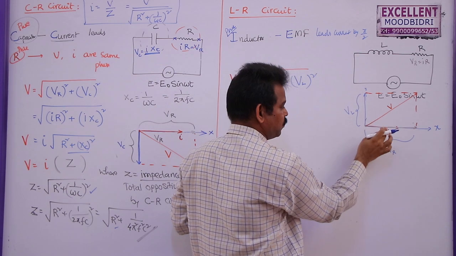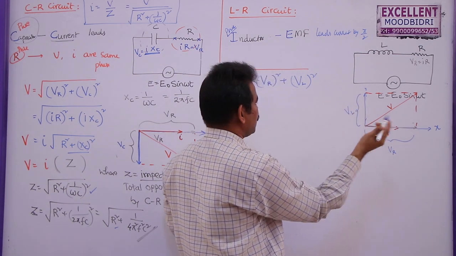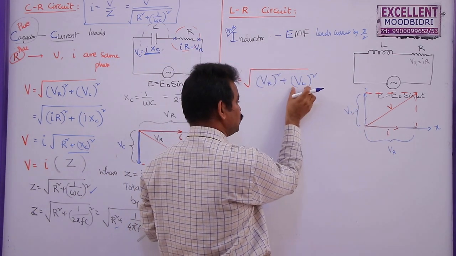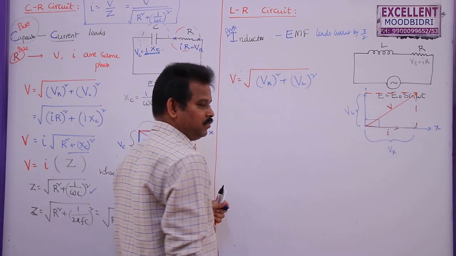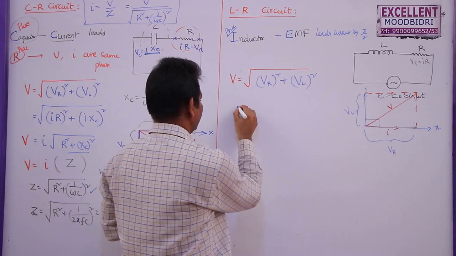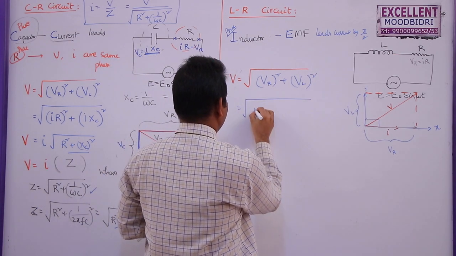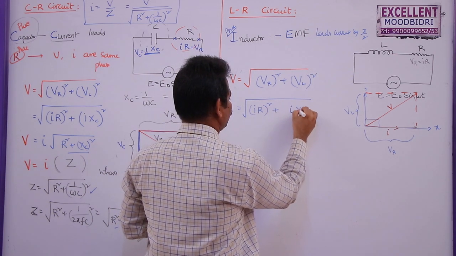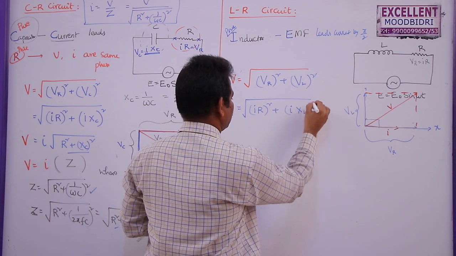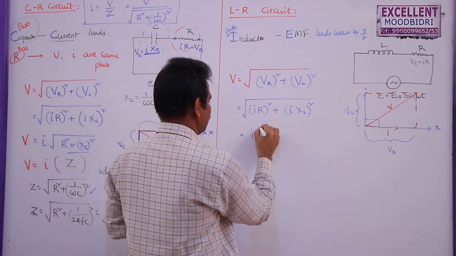The resultant is root over P square plus Q square plus 2PQ cos theta. The angle between these two is 90 degrees, and cos 90 is 0, that's why I am not writing that term. Now from this you can write current into resistance whole square plus current into inductive reactance whole square. From this I can take the current common.